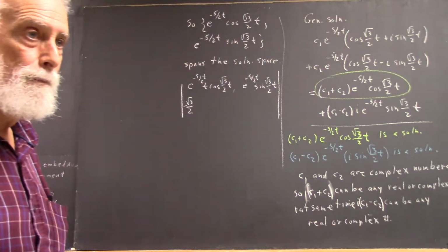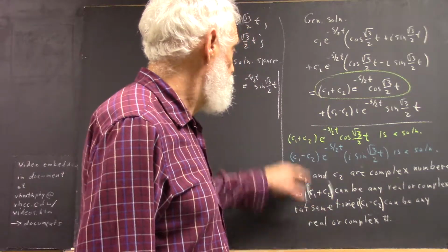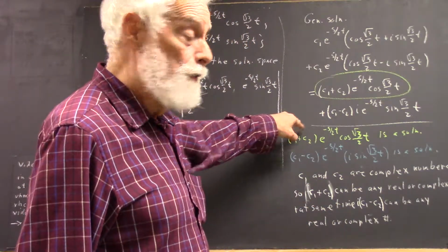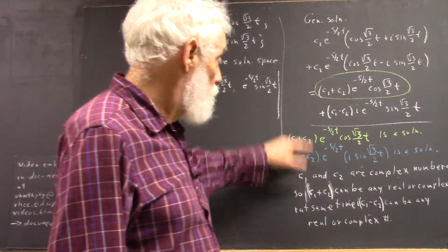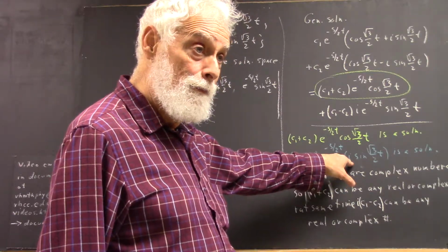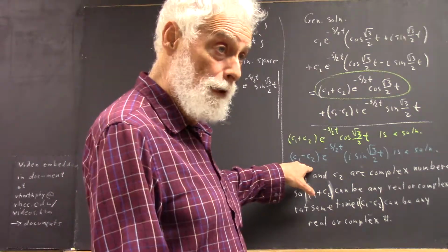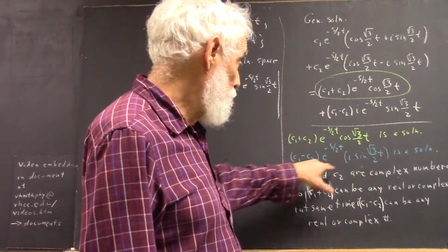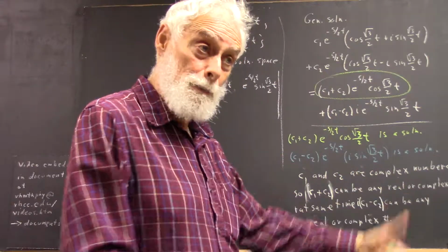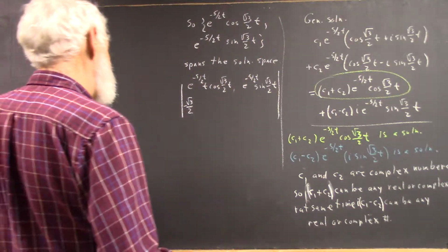So this is the coefficient here, and this is the coefficient here. So what I'm saying then is that these can both be real, even though you see that i there. Without the i, C1 minus C2 can be any complex number, so that C1 minus C2 i can be any real number.